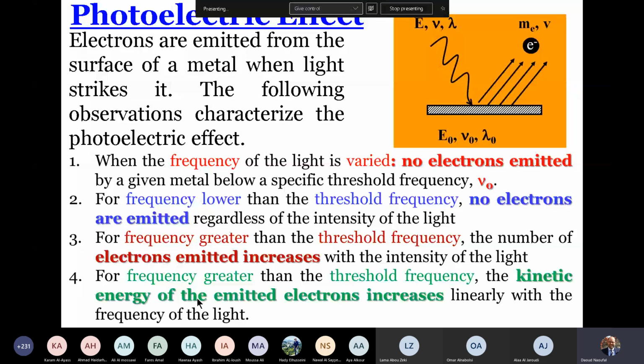As a conclusion, what is the photoelectric effect? The photoelectric effect is the ejection of electrons from a metallic piece due to the irradiation of this metallic piece by external radiation.